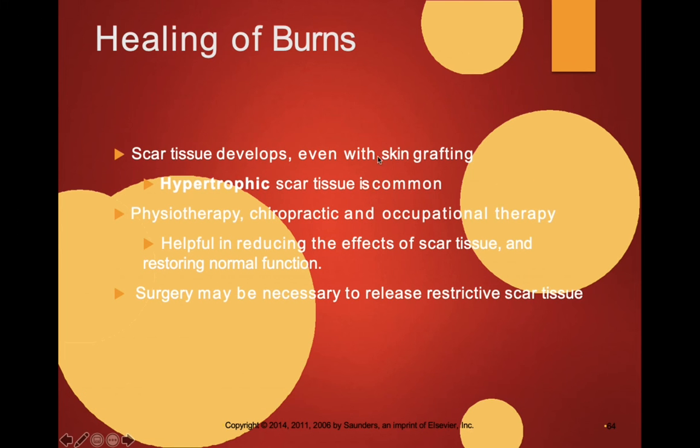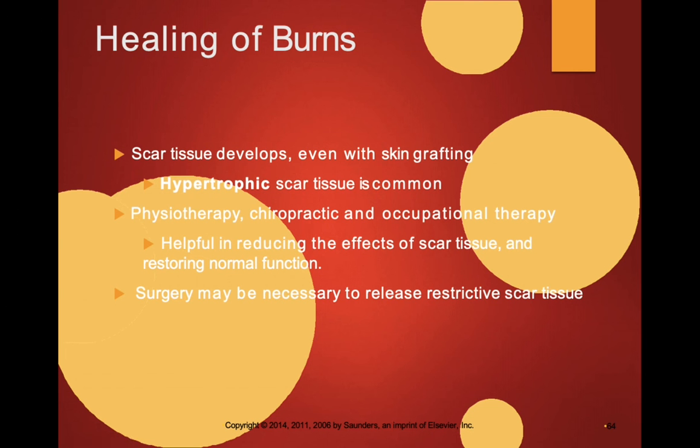Scar tissue develops even with skin grafting. We showed you the hypertrophic scar tissue that's common. And to try and decrease the negative effects of scar tissue and fibrosis, we could use physiotherapy, we can use chiropractic, we can use occupational therapy. All of these have the same goal: to reduce the effects of scar tissue and try and restore normal function.